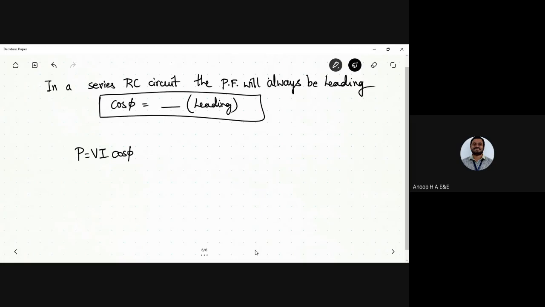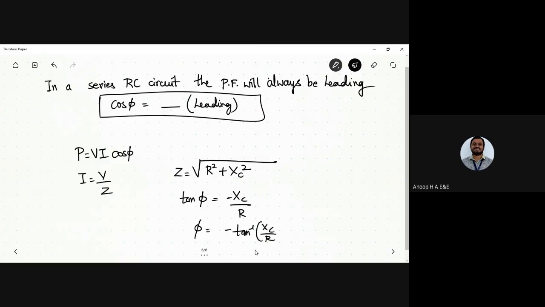Next, I would be equal to V divided by Z, where Z would be root of R squared plus XC squared. Tan phi would be XC divided by R. With the minus sign, phi would be equal to minus tan inverse of XC divided by R, if you take the angle with respect to the impedance, so that is negative.